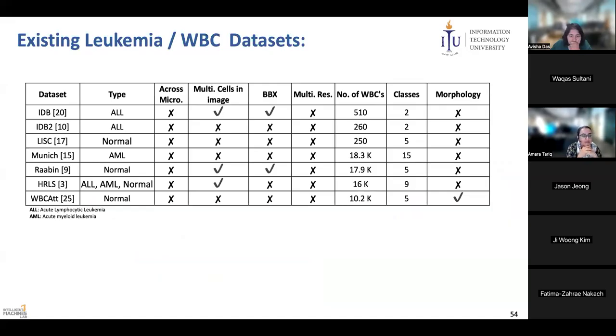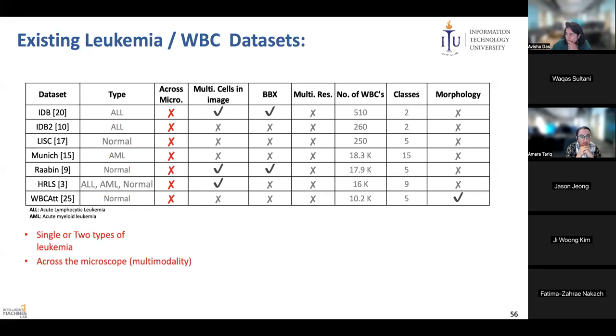So again, we went to the literature and surveyed all the available datasets, and we observed that the majority of them cover either a single type or 2 types of leukemia, and none of them was across microscopes. There is one dataset that has 2 microscopes, but there's no correspondence between them. Again, they are mostly single cell.